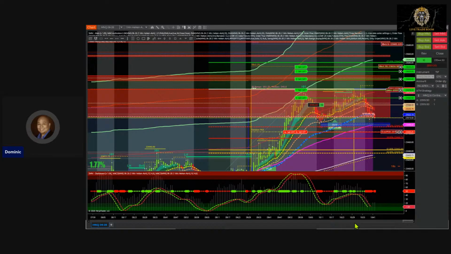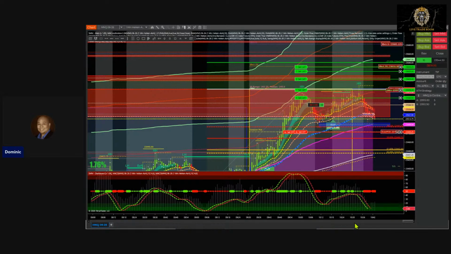I can't really commit to buy more because we're still below that 55. I want to see it close above. Probably going to test that. Let me see it close above that 55. It's trying hard to do it.